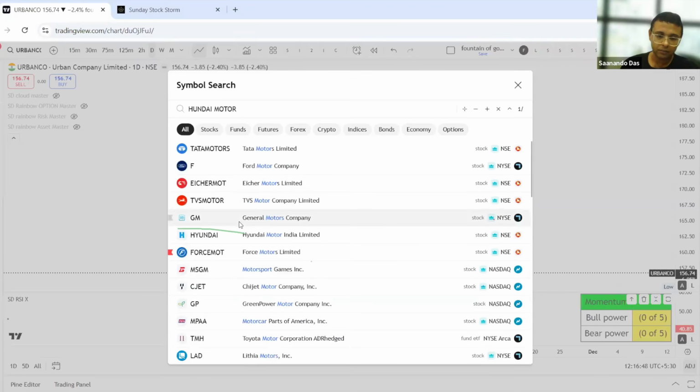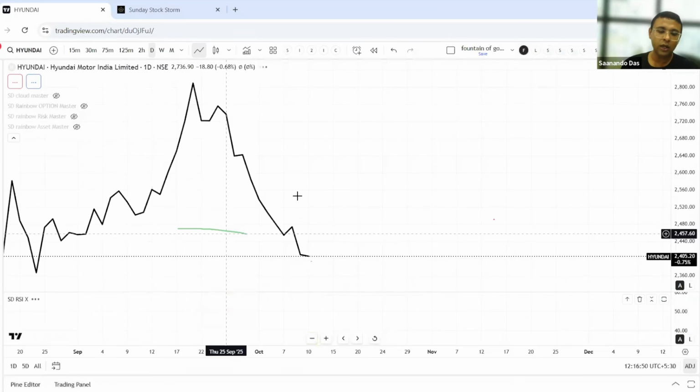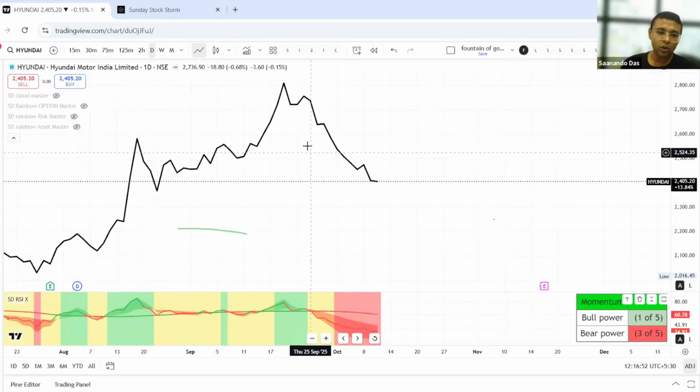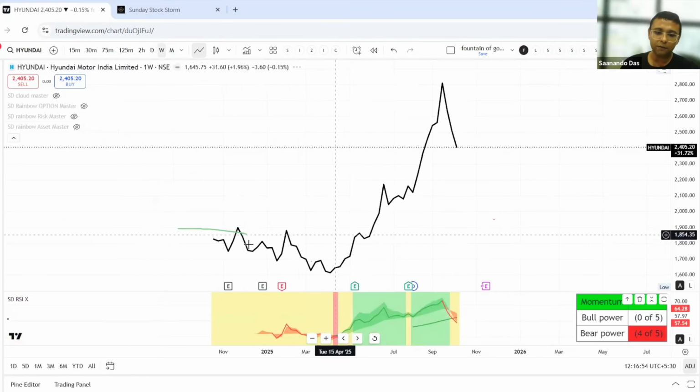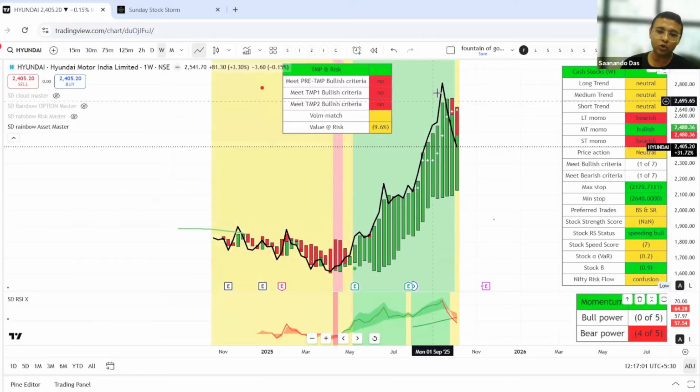What happened? Here is Hyundai. Hyundai Motors, after the IPO, look at the big drops. And from the big drop, it went super up.